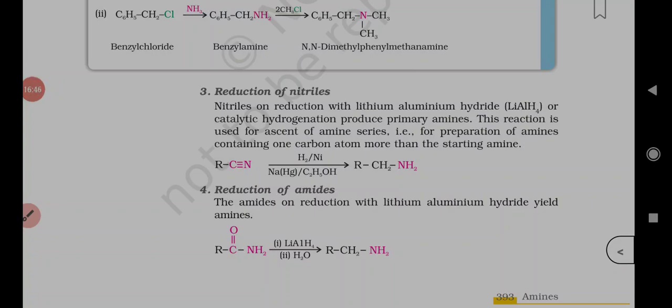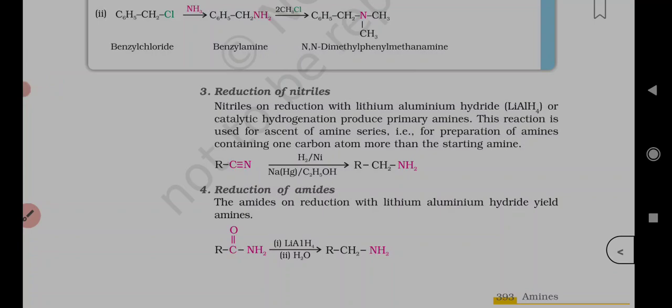Reduction of nitriles: nitriles on reduction with lithium aluminium hydride, LiAlH4, or catalytic hydrogenation produce primary amines. This reaction is used for ascent of amine series, that is, for preparation of amines containing one carbon atom more than the starting amine.